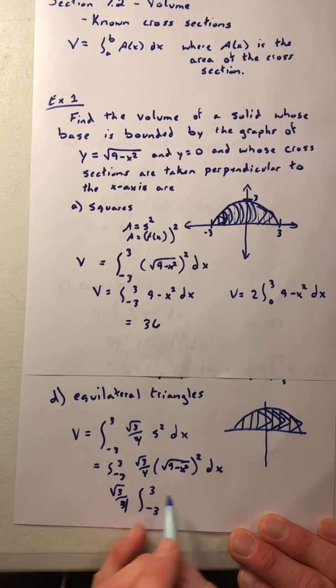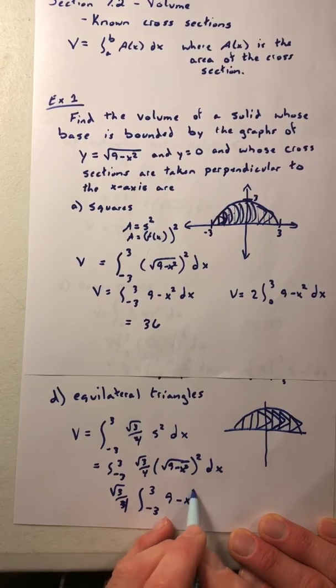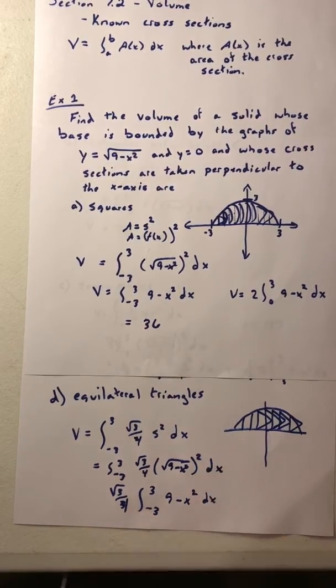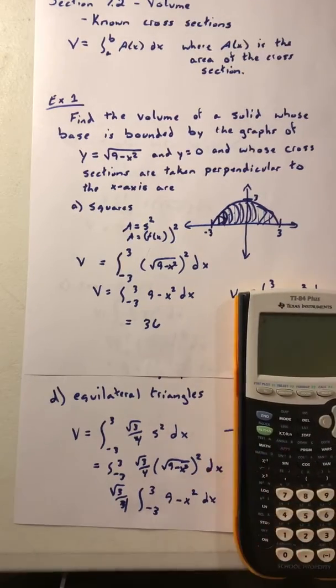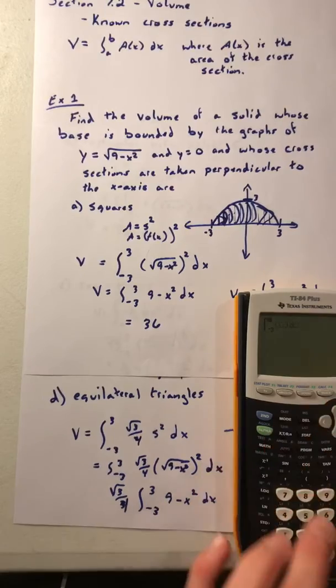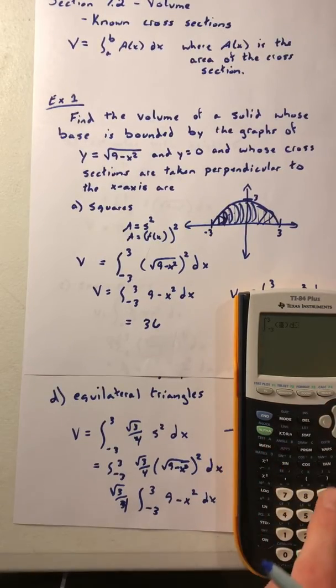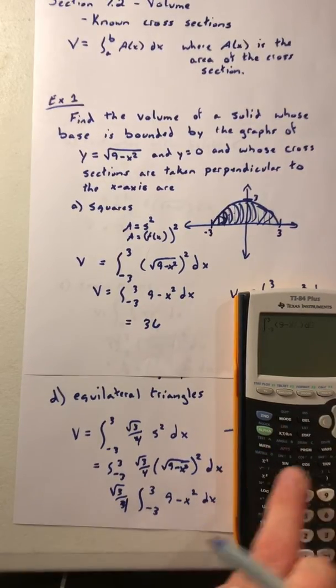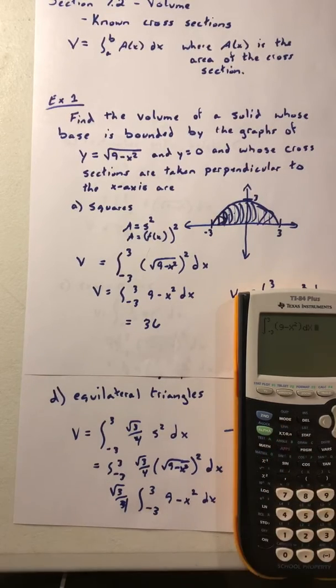So I integrate from negative 3 to 3 of 9 minus x squared dx. So in my calculator, I'm going to go ahead and integrate from negative 3 to 3 of that 9 minus x squared dx. I know I didn't put in that radical 3 over 4.